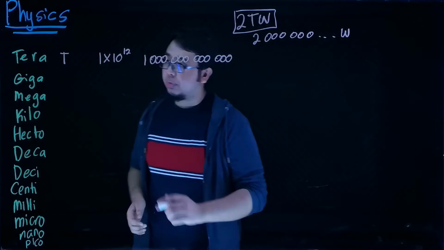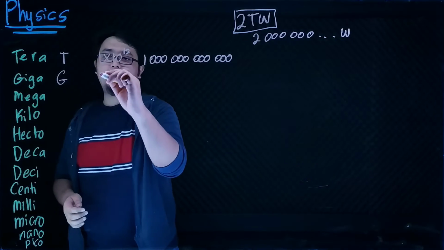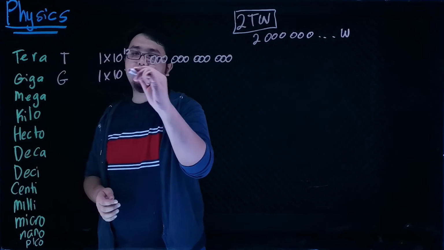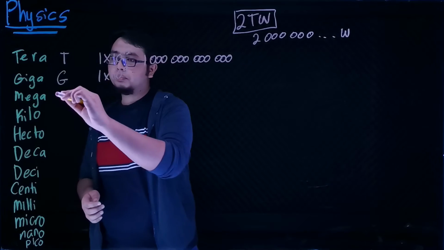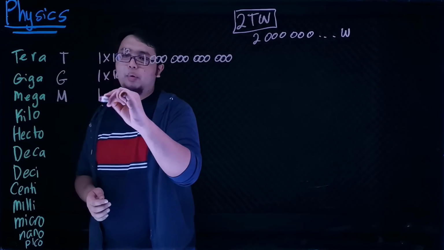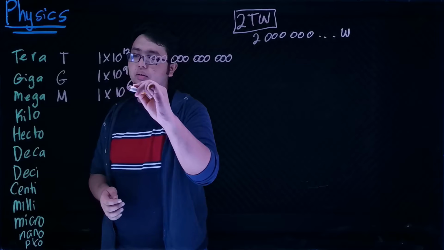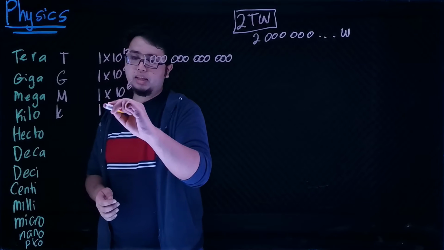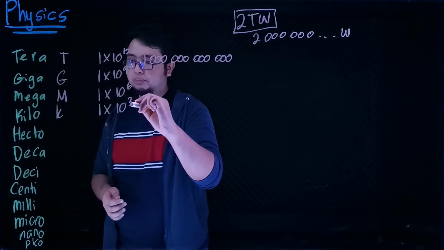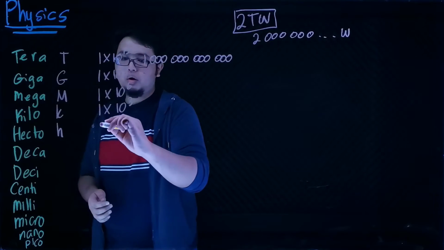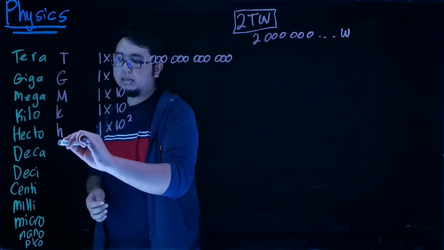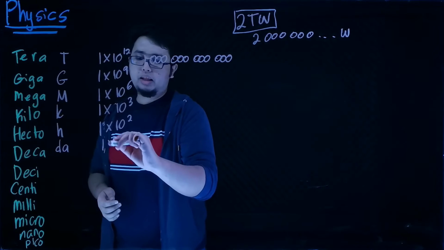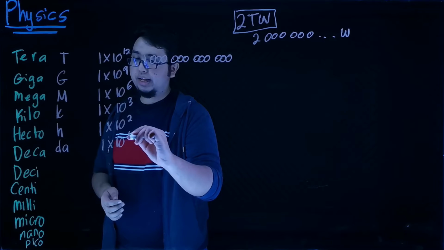When we look at giga, the symbol is G. It is 1 times 10 to the power of 9, so this is basically 9 zeros. Mega, 1 times 10 to the power of 6. Kilo, 1 times 10 to the power of 3. Hecto, 1 times 10 to the power of 2. Deca, 1 times 10 to the power of 1.